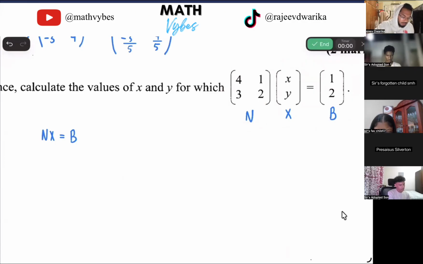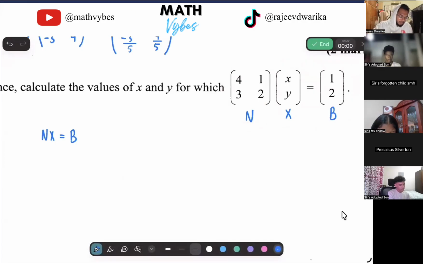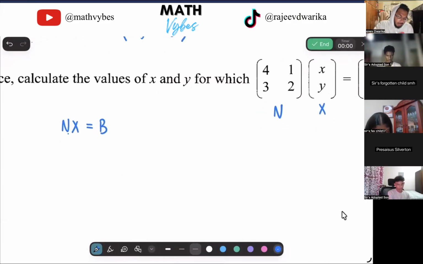Okay, do you understand or not? Yeah, I understand. All right. So we have Nx is equal to B. I am trying to find what here? X. Right. So I need to get rid of the N. So what could I do on both sides if I want to get rid of the N?